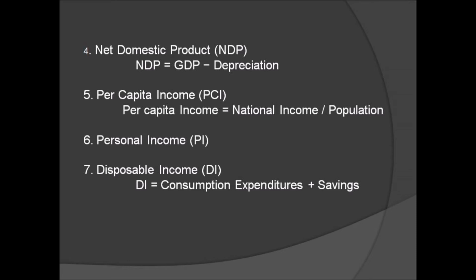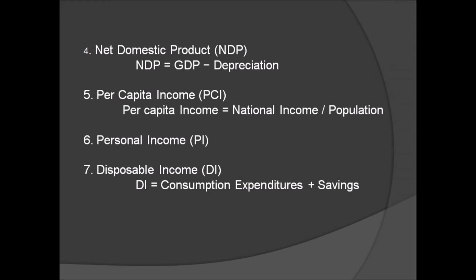Seventh one is disposable income. Disposable income means actual income which can be spent on consumption by individuals and families. Thus, it can be expressed as DPI equal to PI, that is personal income, minus direct taxes.